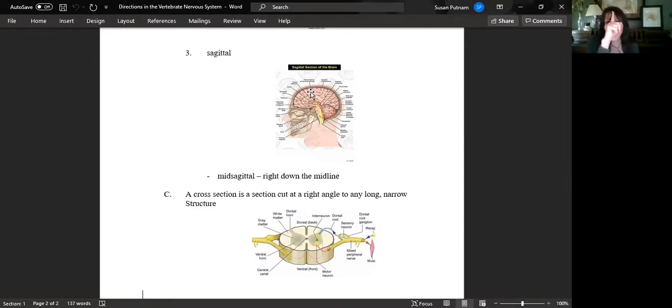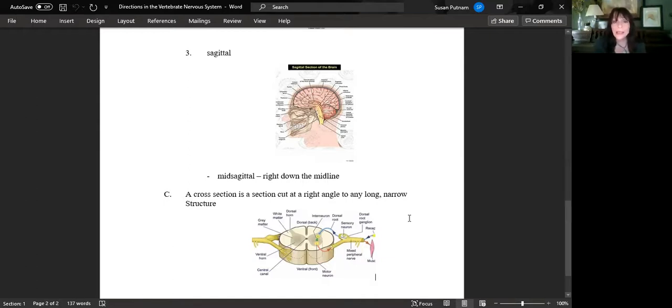But if I do it right smack down the midline, then it is called a mid-sagittal section. And so that would be if you just went right in the middle, you go down between your eyes, split your nose in half, split your mouth in half, and pull it apart, mid-sagittal. That does not mean, I just want to make sure you're okay with this, that if you move over, it's not a sagittal section.